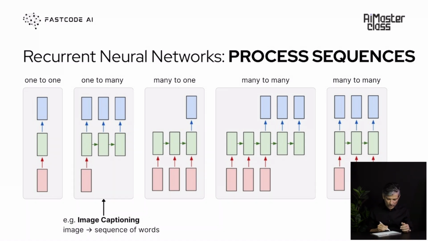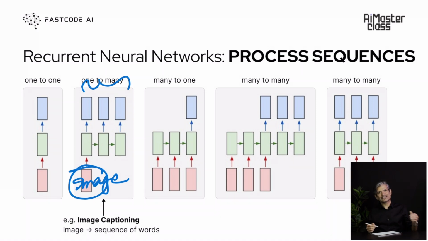For example, you might have still a single input such as an image, and then you might want a sequence of outputs such as the caption of an image, because it's a sequence of words. So the input is an image, but then the output is, say, image of a dog eating a bone, right? So this is a single image but many words as output. So single input, multiple output, or a one-to-many mapping.